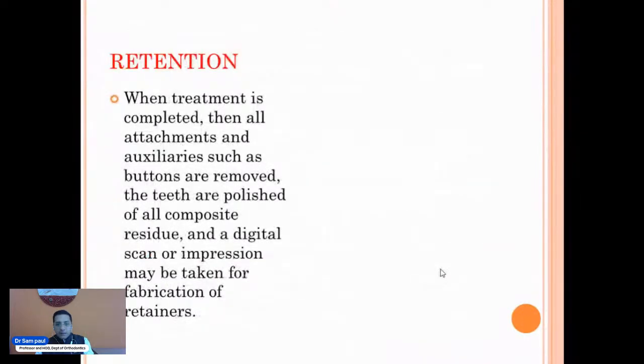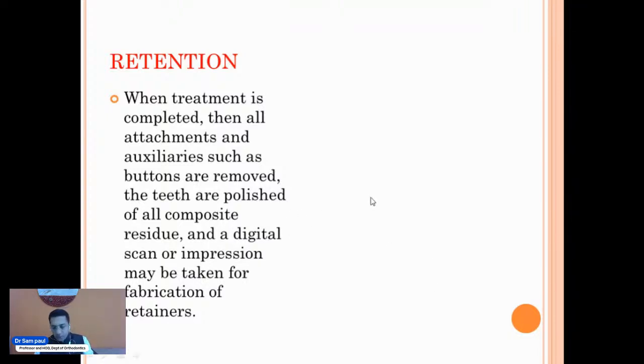Coming to the retention. As with any orthodontic treatment, retention is a major concern. See, you have relapse, which you cannot avoid at all in orthodontic treatment. So the same applies here also.